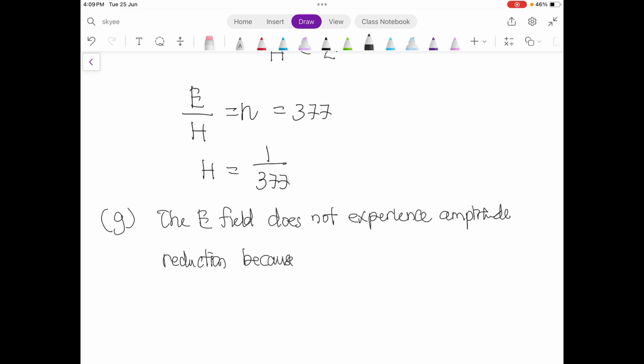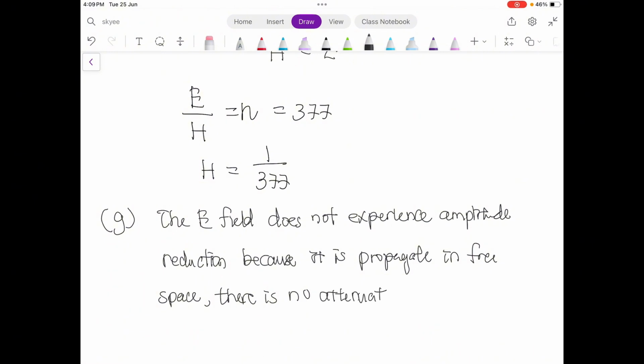Because it propagates in free space, and there is no attenuation loss. The attenuation constant alpha is 0. This is why the electric field doesn't experience amplitude change when it propagates in free space. Right, so this is the solution for this final exam.